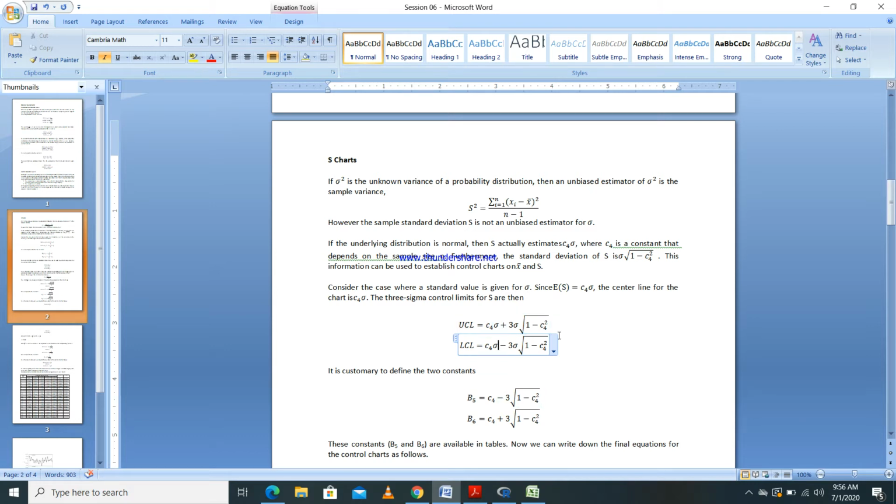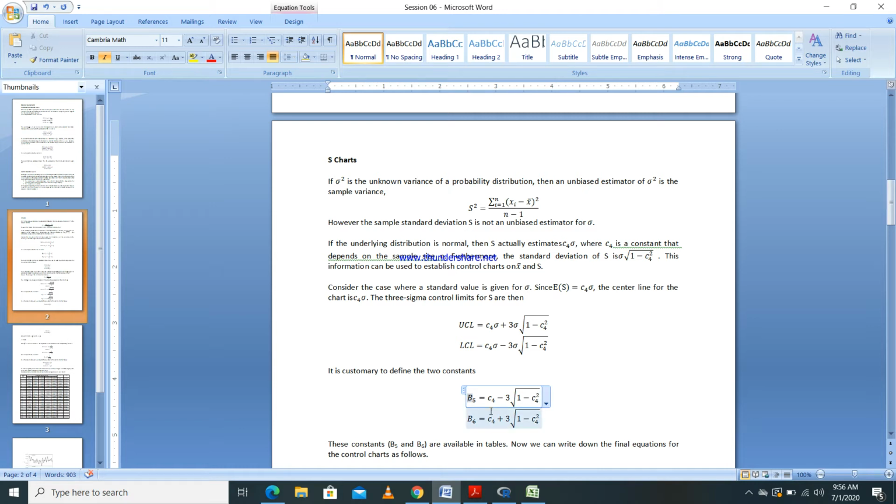So sigma is a common factor. If you take sigma out in the upper control limit equation, you have C4 plus 3 times square root 1 minus C4 squared. And if you take sigma out from the lower control limit equation, you have C4 minus 3 into square root 1 minus C4 squared.